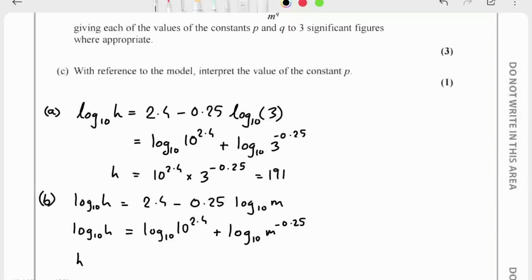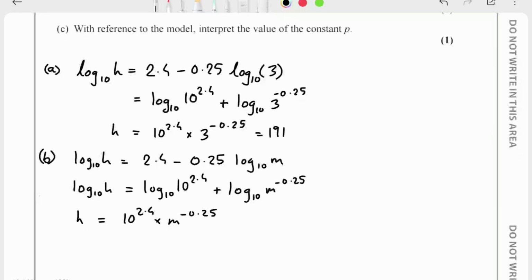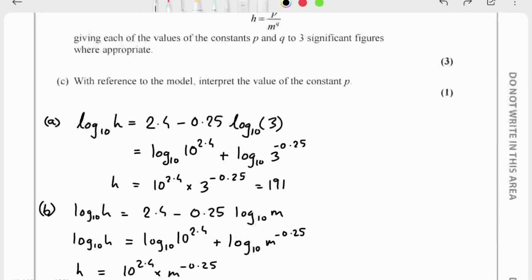We can remove log 10 from both sides, so these will be multiplied: 10 to the power 2.4 multiplied by m to the power minus 0.25. So the equation can be written as 10 to the power 2.4.